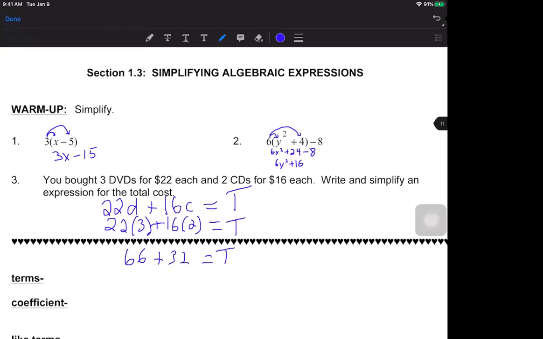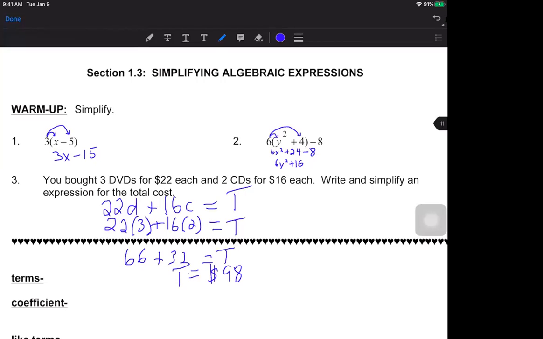And then we add up. Can somebody tell me what our final cost is going to be? 98. Good. So your total cost is going to equal $98. That's it. Any questions on the first 3 warm-ups?